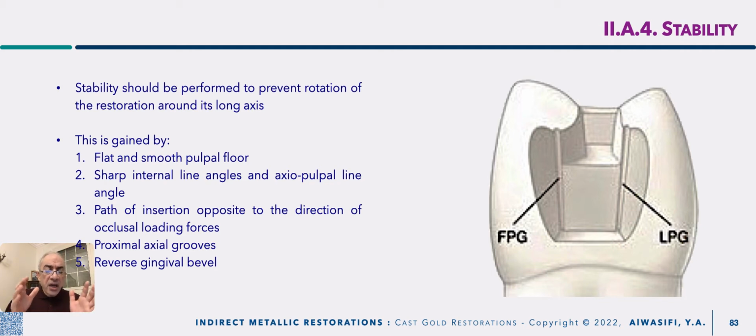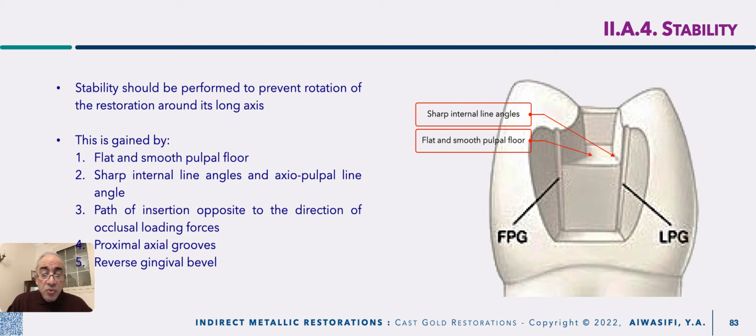That's why you should have stability in the form of a flat and smooth pulpal floor, sharp internal line angles, sharp axiopulpal line angle, path of insertion and removal opposite to the occlusal loading force to use it to stabilize the material, proximal axial grooves, and reverse gingival bevel. This is the sharp internal line angles, and this is the flat smooth pulpal floor. This is the sharp axiopulpal line angle, and this is the proximal axial grooves.